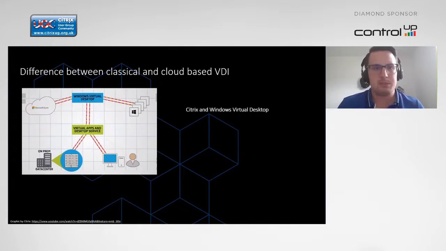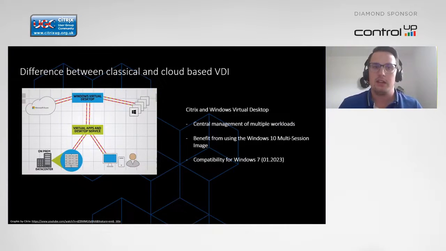But last but not least, before we jump into Windows Virtual Desktop, you can see here how you can benefit with Citrix and Windows Virtual Desktop. You see the centralized management capabilities of Azure, given for the Citrix Cloud as well, in combination with Azure in this case.